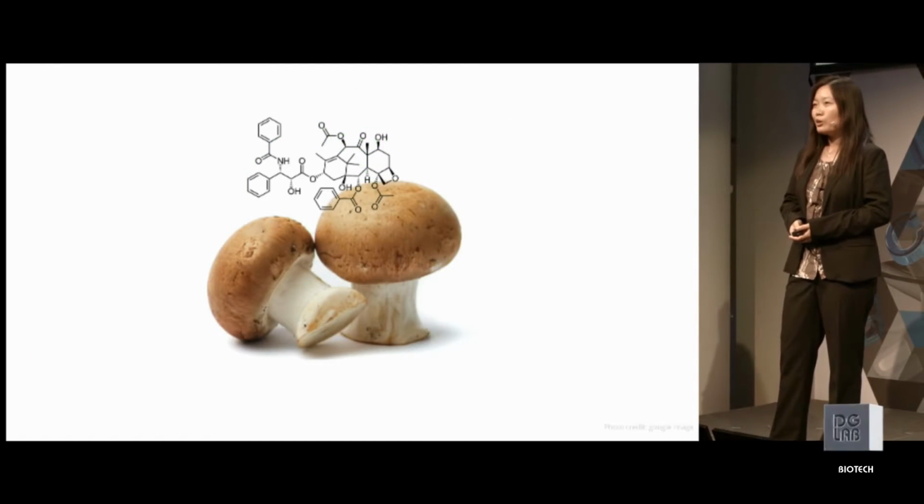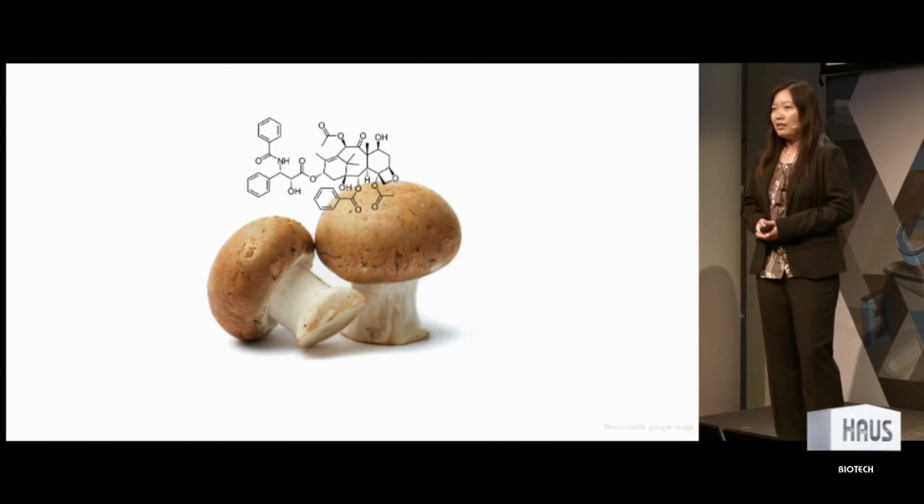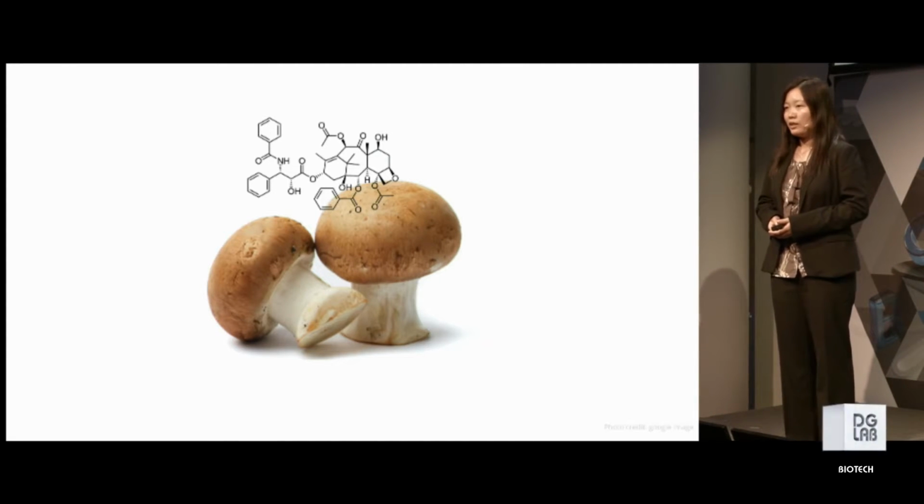Can we just culture a mushroom that can produce useful cancer therapy drugs in our own kitchen? And we wouldn't need to go through all this process, wasting all this energy and water.